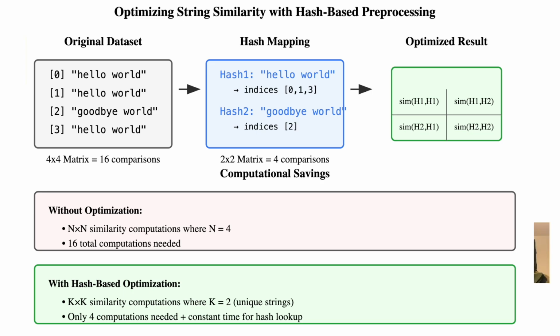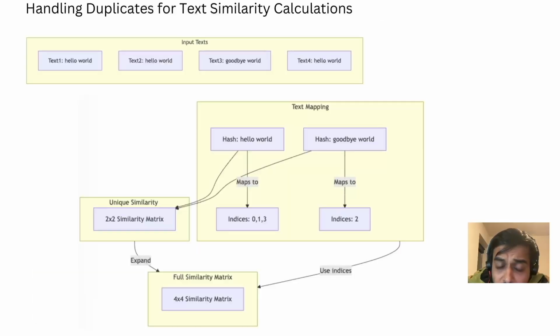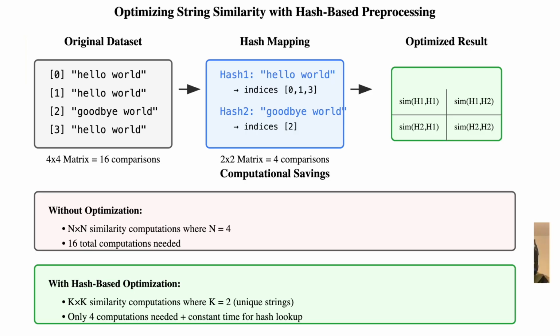For instance, in this example, the string hello world is repeated 3 times, but it maps to the same hash value. Similarly, goodbye world is mapped separately. So for each unique hash, we store the indices of where the string occurs in the dataset. In this case, hello world is mapped to 0, 1 and 3, and goodbye world is mapped to index 2.